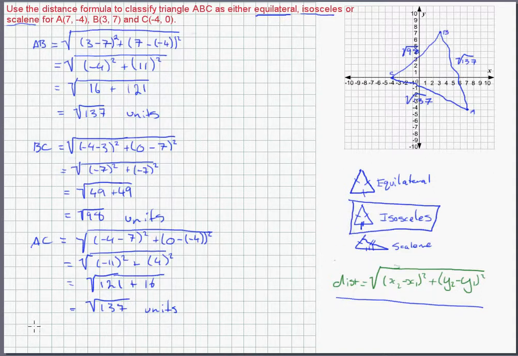So we just need to write our answer now here. The triangle is isosceles, since AB equals AC. So we know two equal sides, isosceles, and you're done.